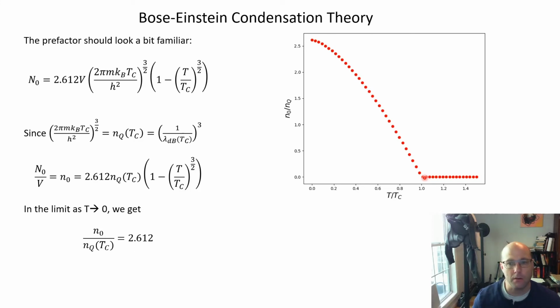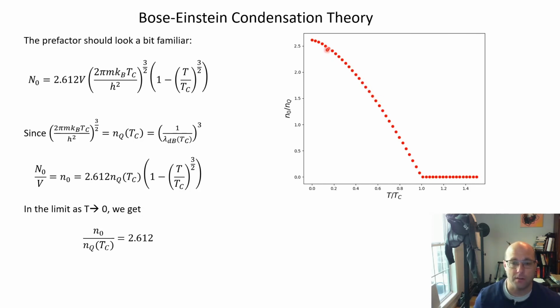But then you hit this critical temperature, and you say, all right, condensation is about to start. And so the number density in the ground state grows, and it grows as this T to the 3/2 power, and it grows and grows. So basically more and more of the gas now is condensing into the ground state, the lowest energy state of the particle in a box for the bosons, right?